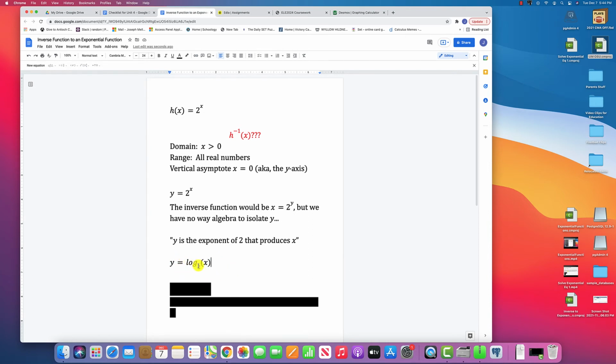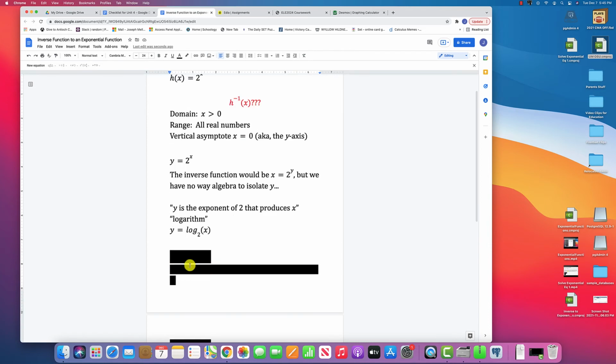So the exponent for 2 that will produce x is given this symbol here: log, which is short for logarithm, okay? Logarithm, which is Latin or Greek for certain words that fit together here, all right? So y is the logarithm with a base of 2 that produces x, right? So that's how we read this, right? y is the exponent. Instead of exponent, we chose logarithm, okay? And we need to get used to this notation because it's a little goofy looking, right?